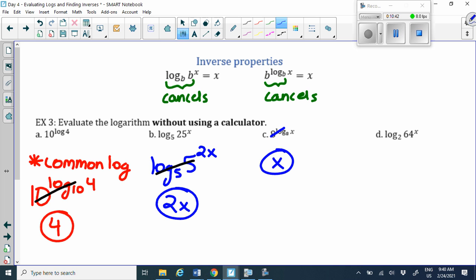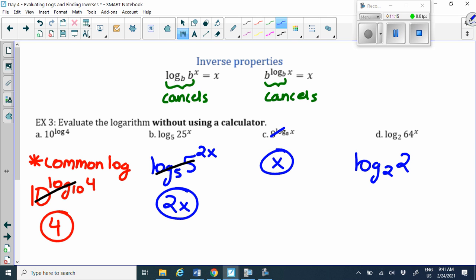Now I would also like you to pause the video again and try part D. Evaluate log base 2 of 64 to the x. Okay, let's see what you got. Notice the base on our log, which is 2, is not the same number as the base of our exponential, which is 64. However, we can use algebra to rewrite things. I want to keep my base exactly the same, so I'm going to have 2 for my exponential there.